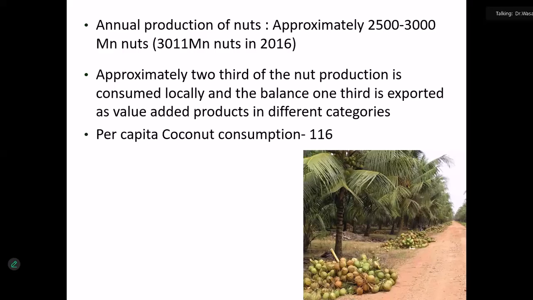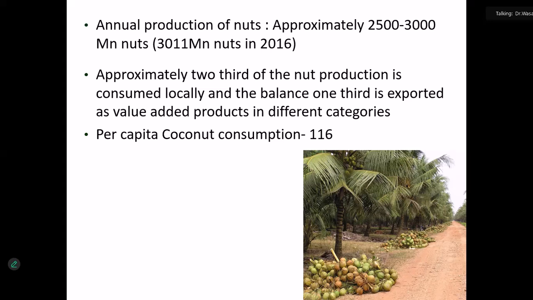The consumption of a single person in the country. In Sri Lanka, in the case of coconut, that is 116 nuts per person per year, consumed as coconut milk and coconut oil.